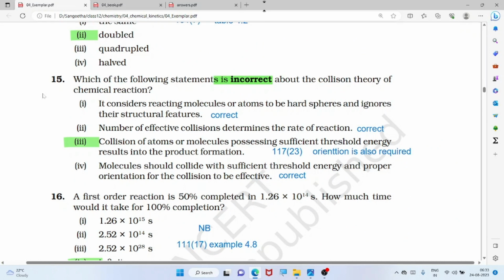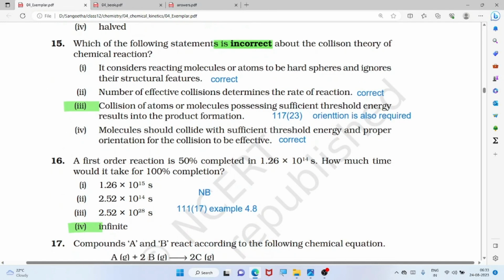Which of the following statements is incorrect about the collision theory of the chemical reaction? It is incorrect, they are asking. Okay, considers reacting molecules or atoms to be hard spheres and ignores the structural features. That is correct. The number of effective collisions determines the rate of the reaction. That is also correct. Collision of the atoms or molecules possessing a sufficient threshold energy, that is activation energy, results in the product formation.